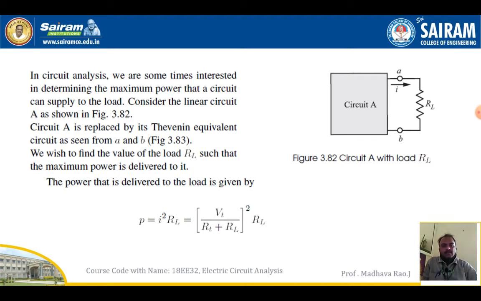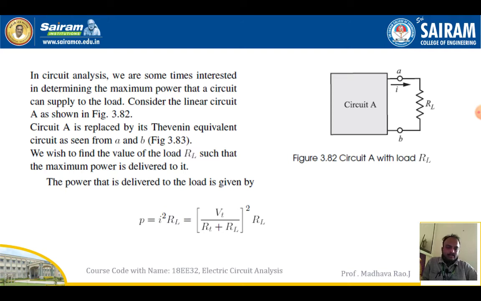The power delivered to the load is given by P is equal to I square R, that is the basic formula. P is equal to VI, P is equal to V square by R, P is equal to I square R.